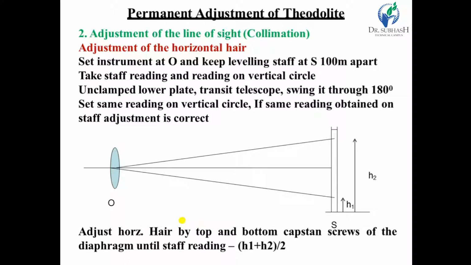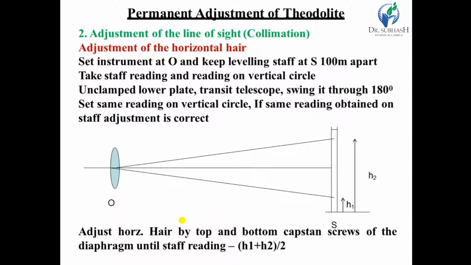Adjustment of the horizontal hair. Set the instrument at O and keep the leveling staff S 100 meters apart, and take the staff reading and the reading on the vertical circle. Unclamp the lower plate, transit the telescope and swing it 180 degrees. Set the same reading on the vertical circle. If the reading obtained on the staff is the same, the adjustment is correct.